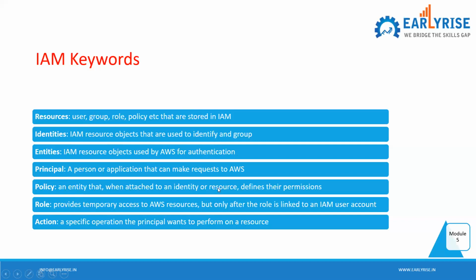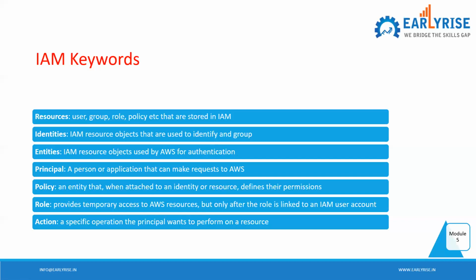Or to a resource. So when this policy is attached to a user, group, role, or a resource, it defines their permission. So what is the permission on a particular resource for some particular user or group?